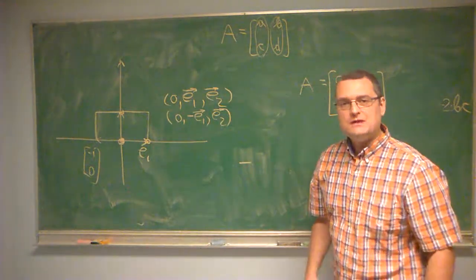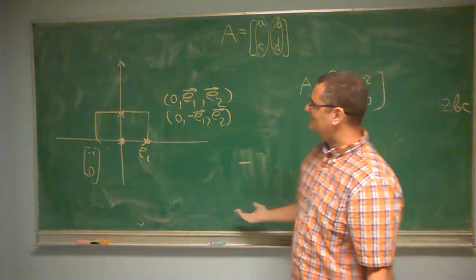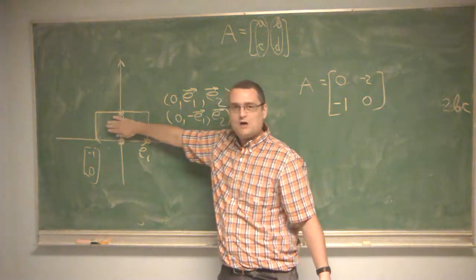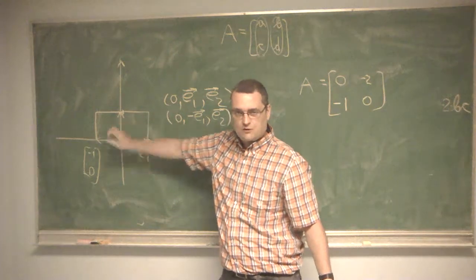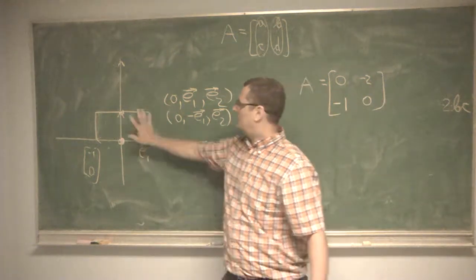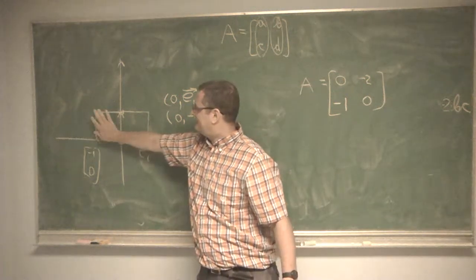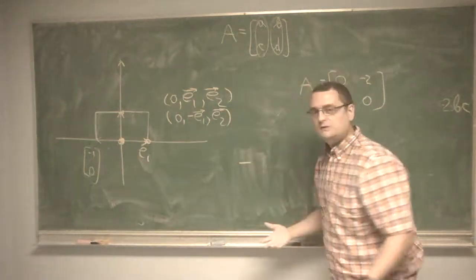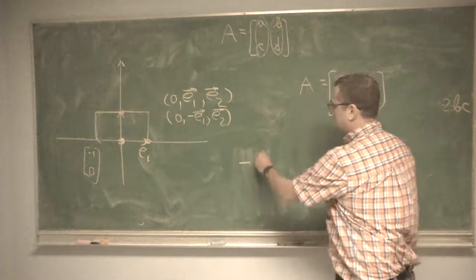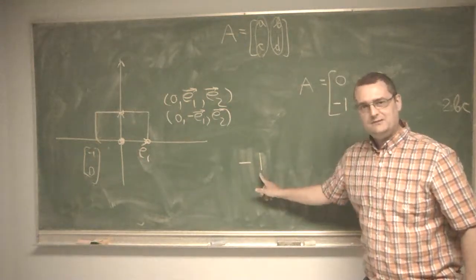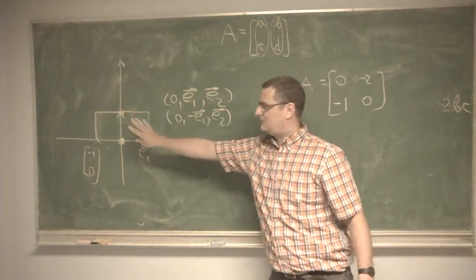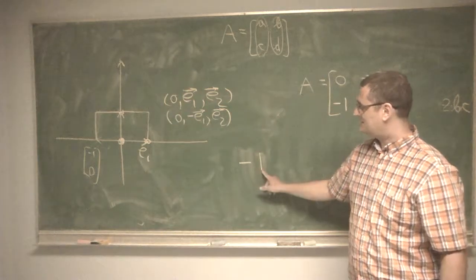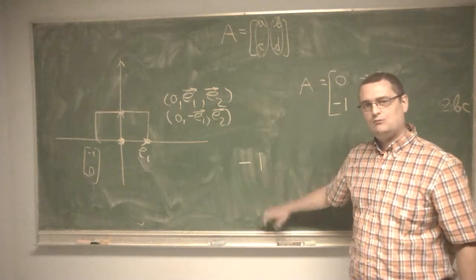And what should be the magnitude? Well, the magnitude tells you how much it deforms the plane. Well, this square gets mapped here, which is also a unit square, so no deformation, so the magnitude should be 1, and therefore the determinant of the matrix representing this flip about the y-axis is -1.